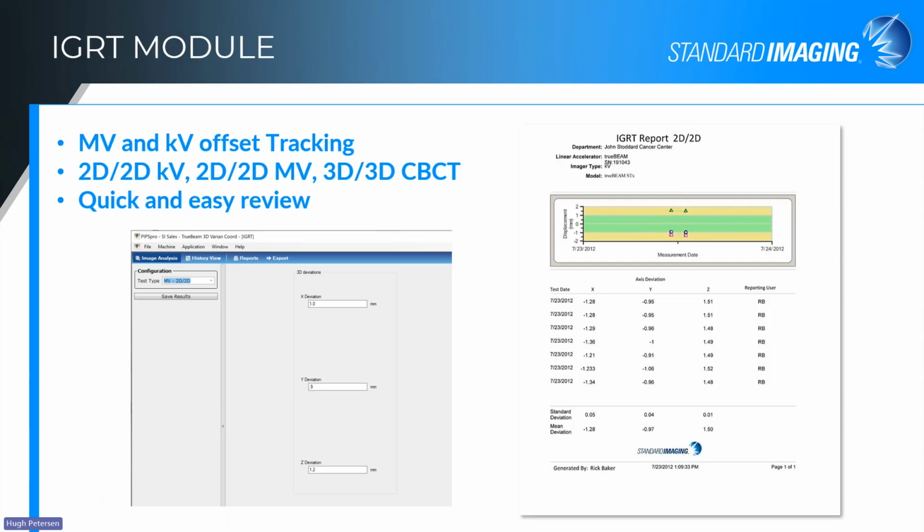I mentioned the IGRT module, and this is more of a trending function and a kind of tracking. We've got our MIMI Phantom, which allows you to do your MV and kV imager perpendicularity, and so you can do your 2D matching and your 3D matching, get those X, Y, and Z deviations, and then enter those in, and then you can track that over time. It doesn't have to be our MIMI Phantom. There are other phantoms available.